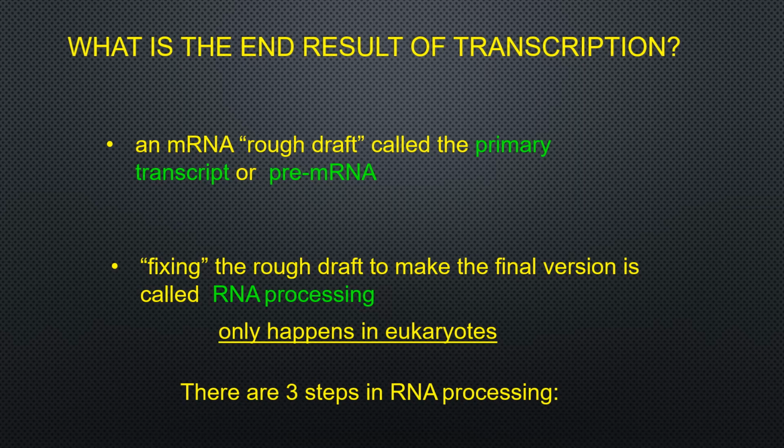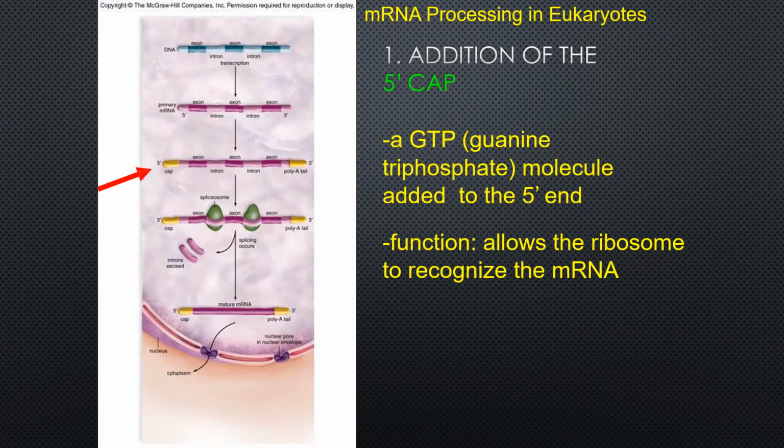Okay, so there are 3 steps that go into this RNA processing. So the very first thing that's going to happen to the messenger RNA is an addition of what we call a 5' cap. And so that is an addition of a guanine triphosphate molecule added to the 5' end. So what does that do?